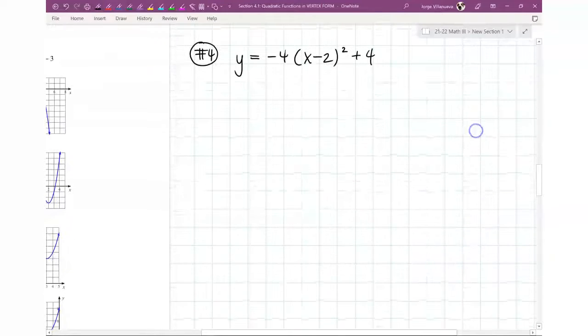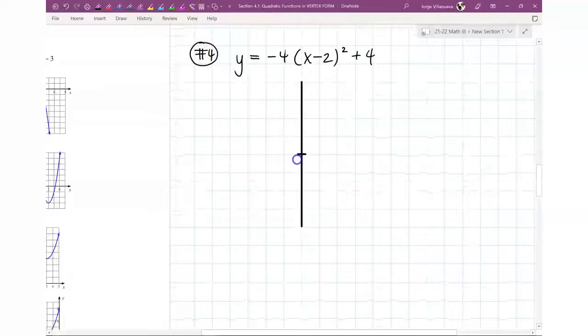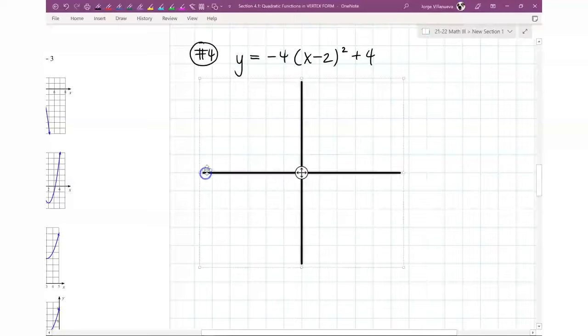All right, I'm going to make another graph. Kind of big because I don't know how much I'm going to extend these things out. So let's see. 1, 2, 3, 4, 5, 6, 7, 8, 9. So this is almost a 9 by 9.